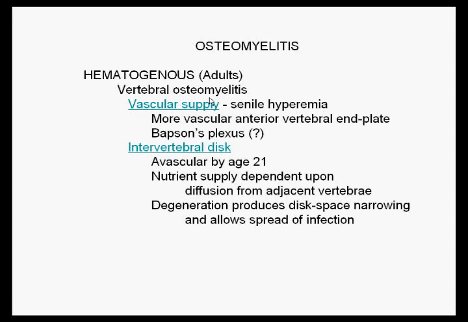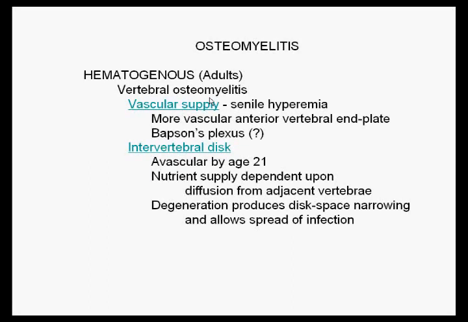So there's a process called senile hyperemia, which means that as you age, you're getting more blood supply to the vertebral bodies and the shoulder and pelvic areas as well.